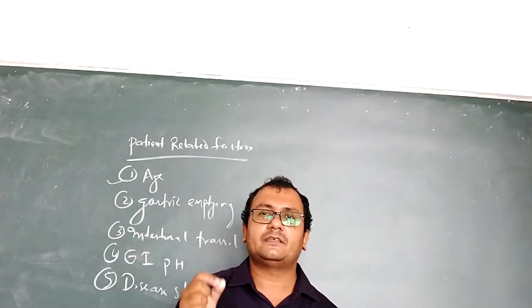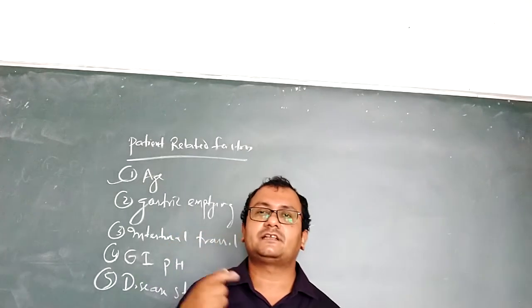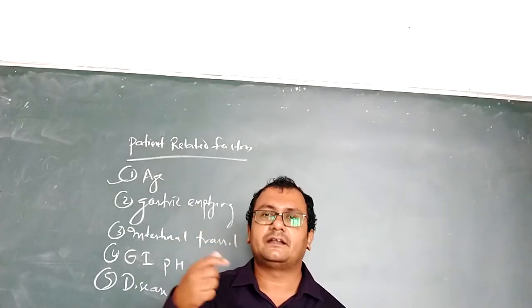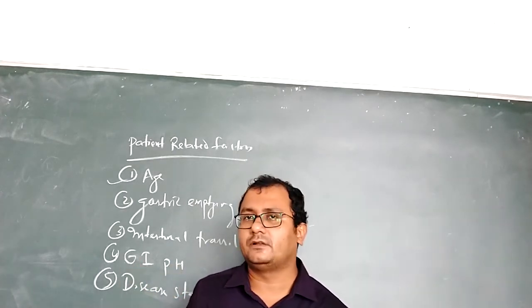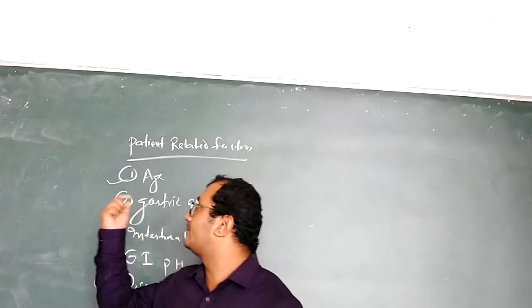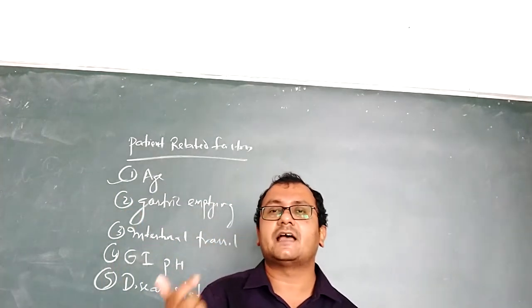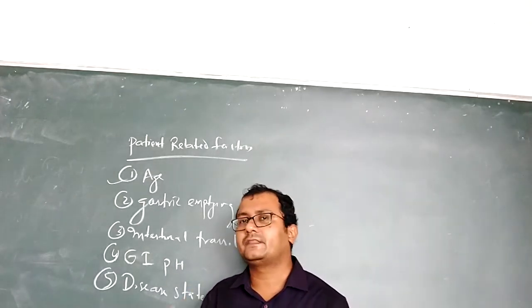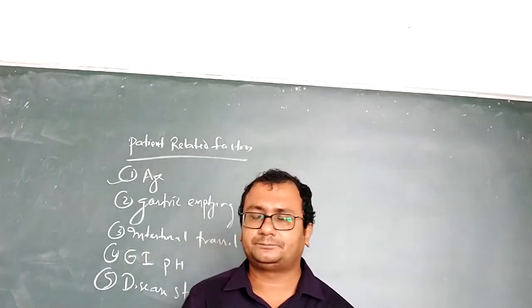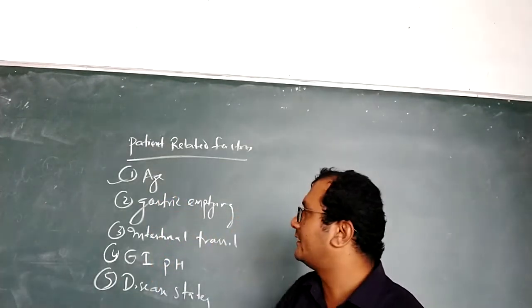If you take children, their gastric pH is higher and intestinal surface area is less, so their absorption pattern will be different. In elderly patients also, the intestinal surface area will be less, so their absorption will be less. So age also affects the absorption of different drugs.